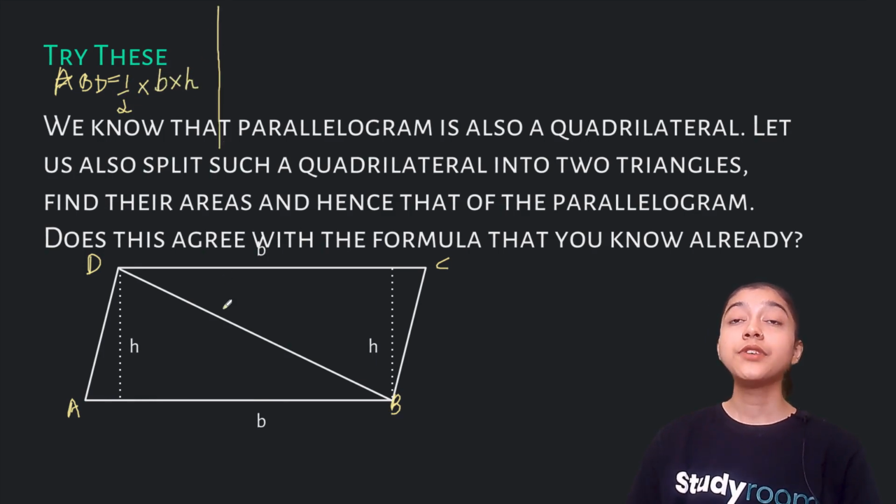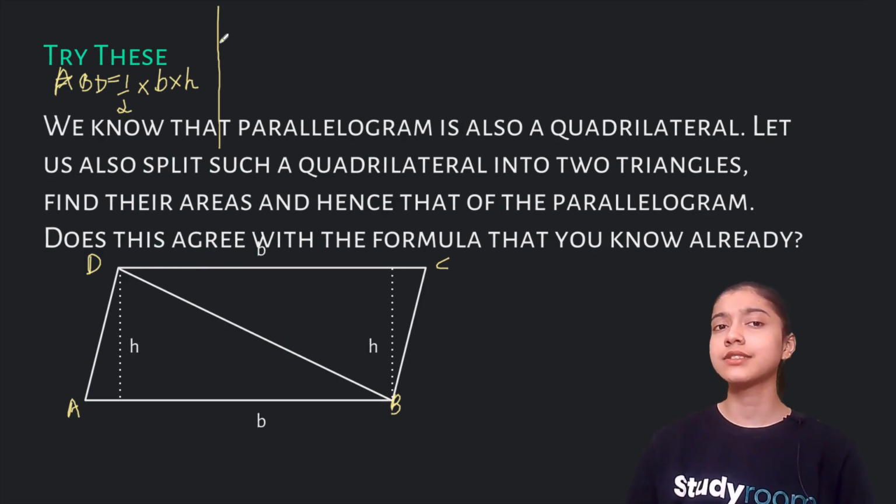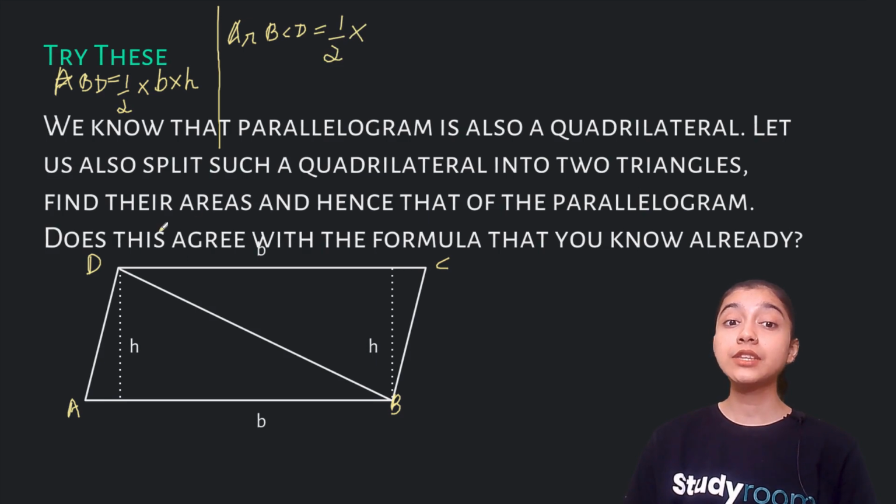Now again, we have another triangle, that is triangle BCD. Let us calculate its area. So area of triangle BCD will be equal to, again we have half. The base of this triangle is CD, which is equal to B, and the height of this triangle is also H. So again we get the area of this triangle as half into base into height.